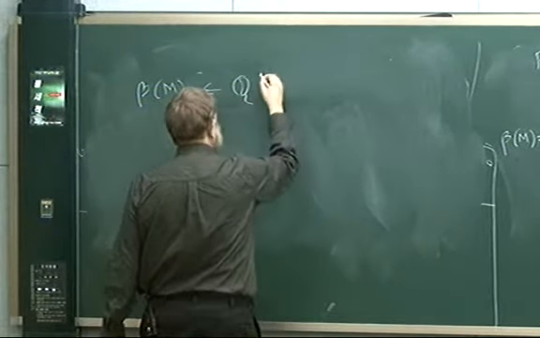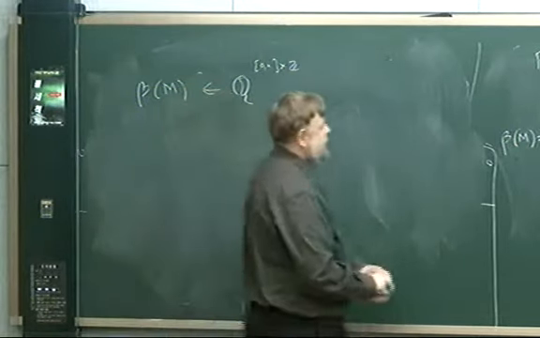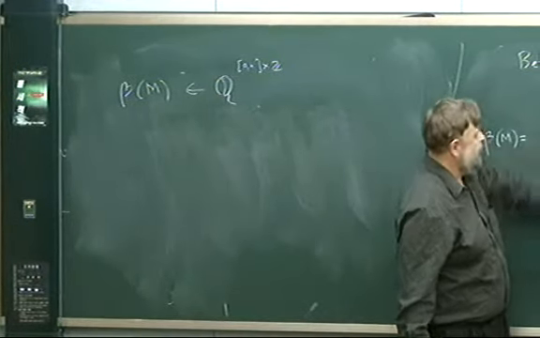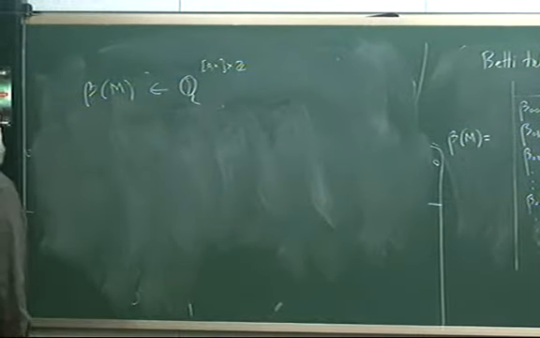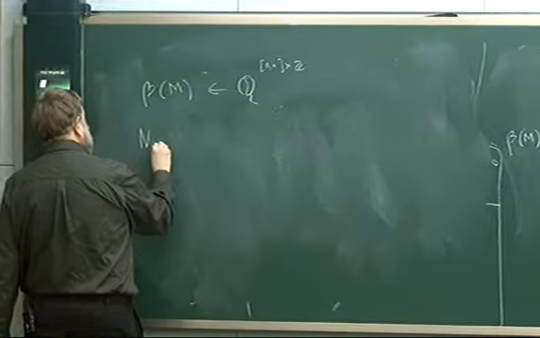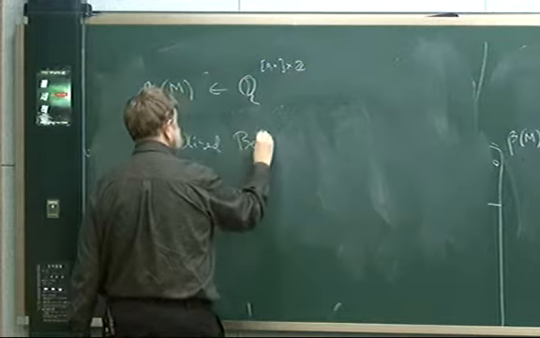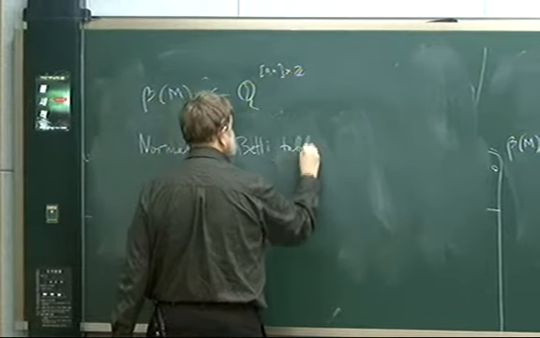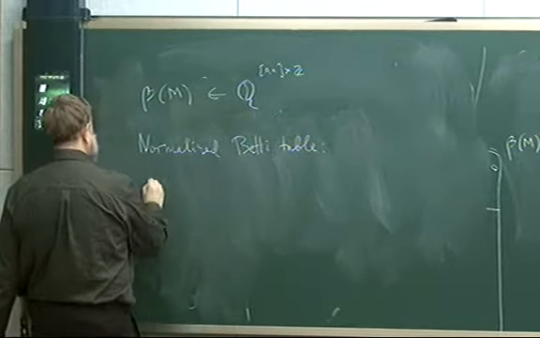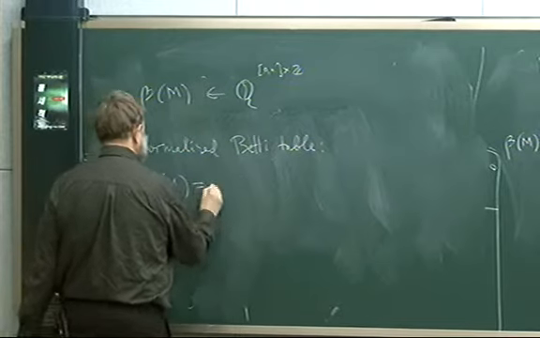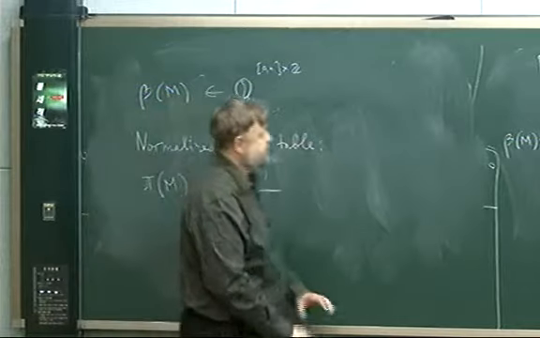Well, and there are infinitely many of those, so this will be Q to the power of 0 to n times Z, right? Because columns go from 0 to n, and rows can go as far as we want. But now let's define the normalized Betti table. The normalized Betti table pi of m is just basically beta of m, but I normalize by, you see, where do I find the things that are not zero?